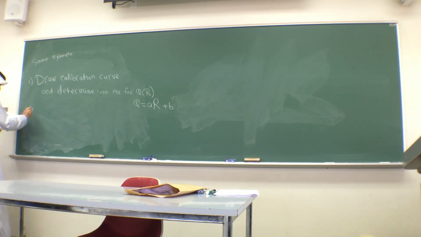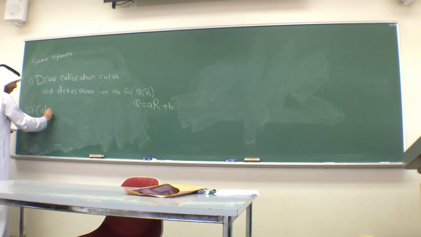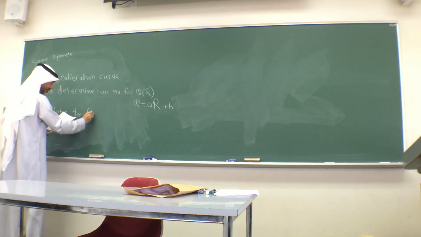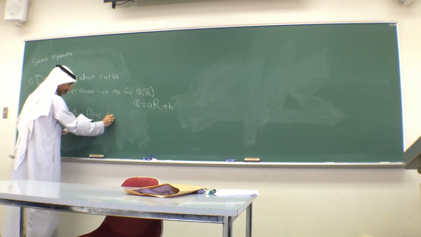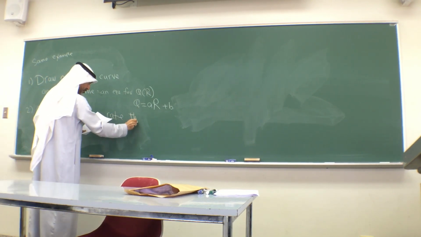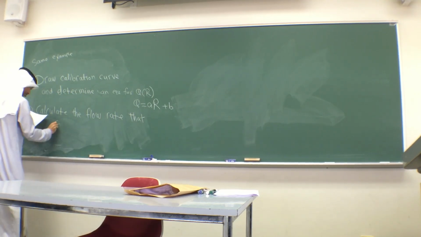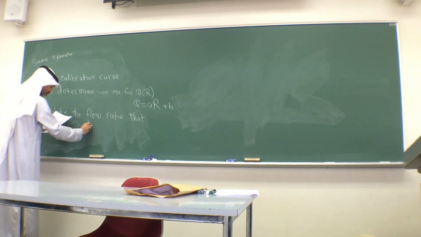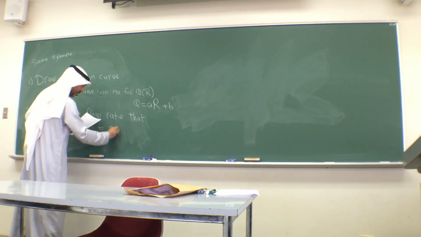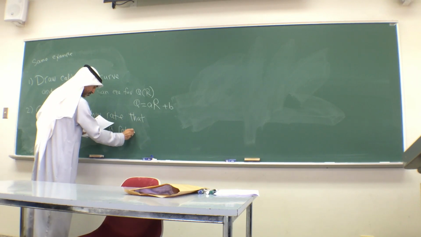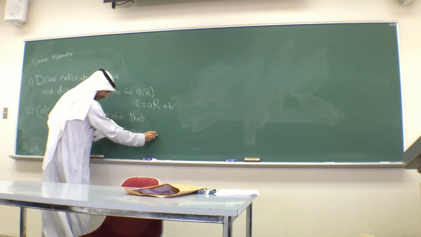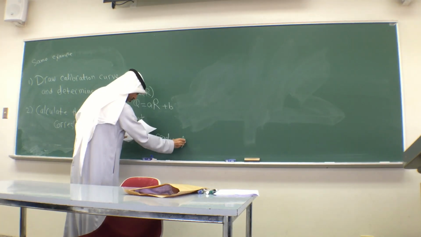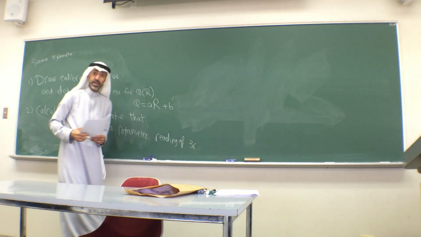And second, he says that after you do this, calculate the flow rate that corresponds to a rotameter reading of 36.